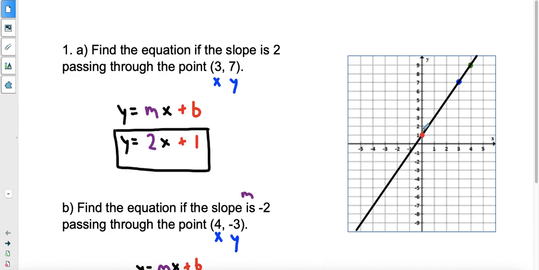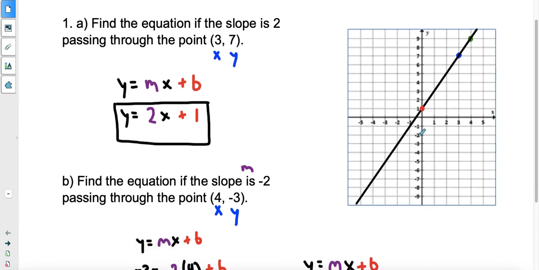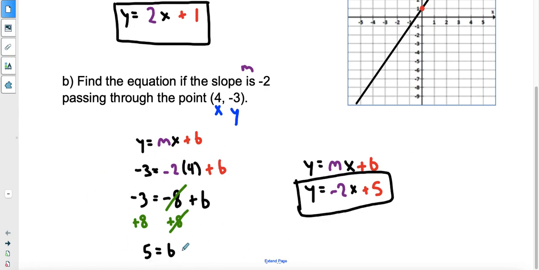So say you're graphing some points on the line, and then you work backwards to try to find the y-intercept, and it's really hard to see what the y-intercept is. This is why doing it this way, plugging it into the equation, can be useful. So these are two ways we can find the equation of a line if you're given the slope and a point on the line.